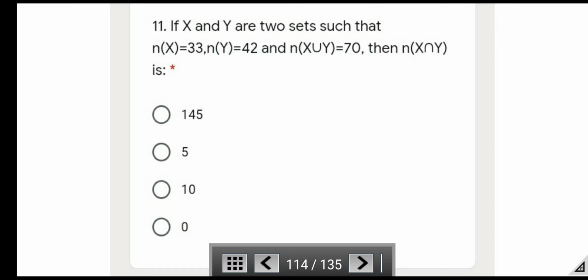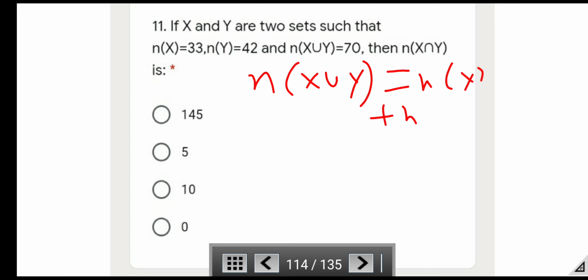Next question, if x and y are two sets such that n(x) is equal to 33, n(y) is equal to 42, and n(x union y) is equal to 70, then n(x intersection y) is, according to the formula, n(x union y) is equal to n(x) plus n(y) minus n(x intersection y).